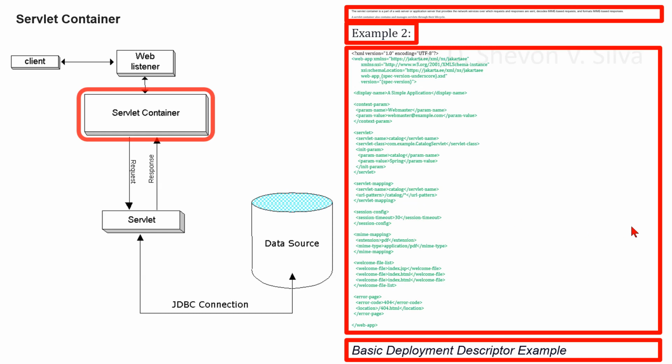In elements whose value is an enumerated type, the value is case sensitive. The deployment descriptor schema for this version 6.0 of the specification is available at https://jakarta.ee/ns/jakarta.ee/web-app_6_0.xsd.